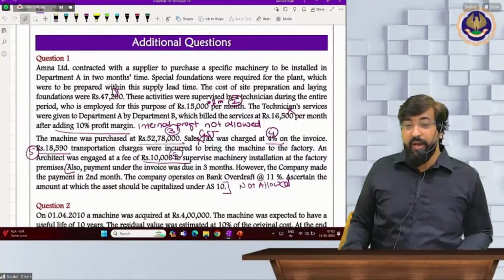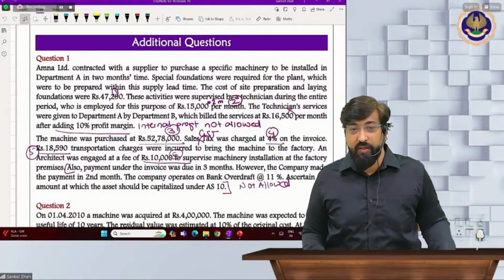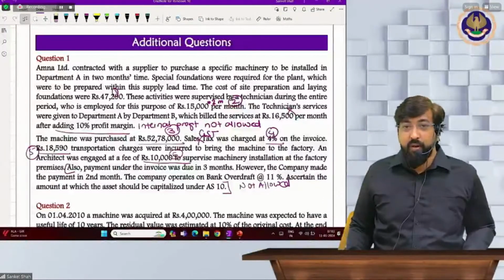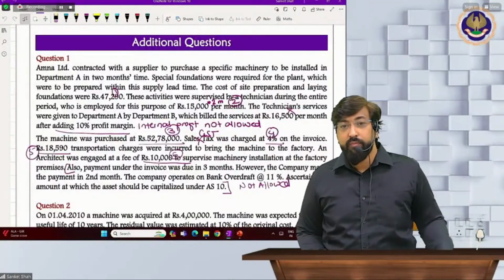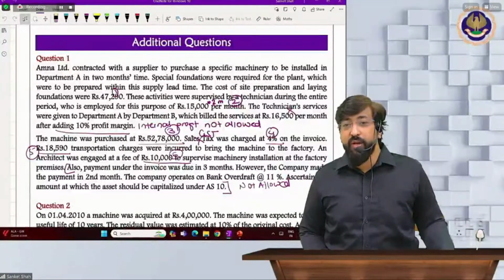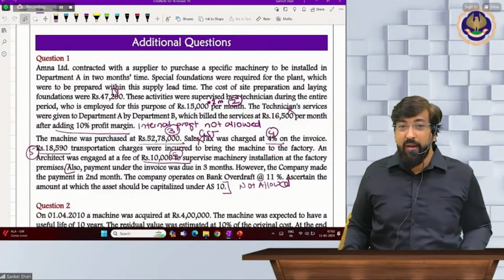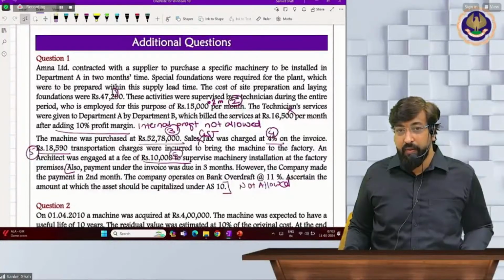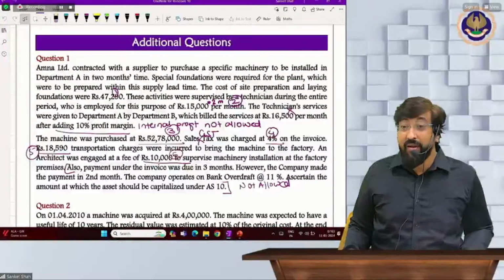Amna Limited contracted with a supplier to purchase a specific machinery, to be installed in Department A in 2 months' time. Special foundations were required for the plant, which were to be prepared within this supply lead time. So special foundation cost is necessary to make the asset ready for its use.